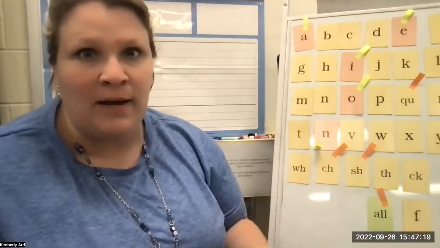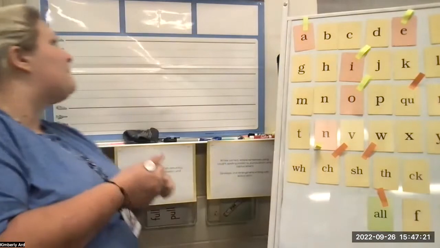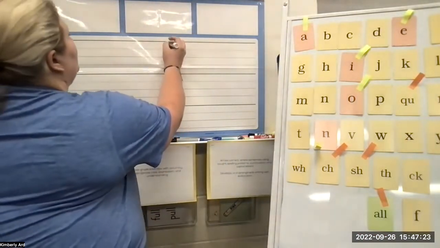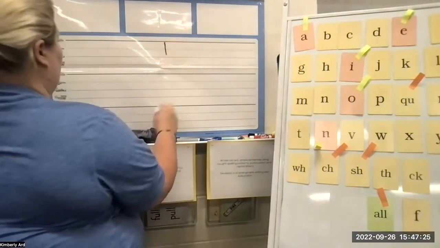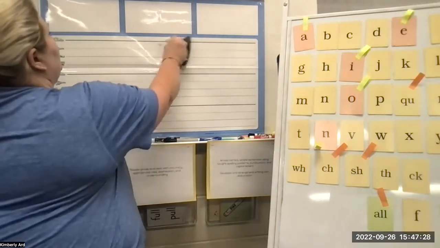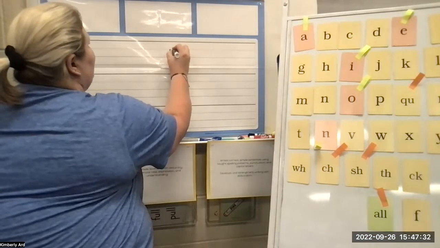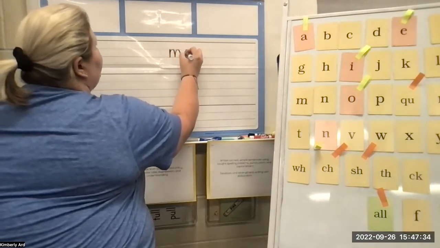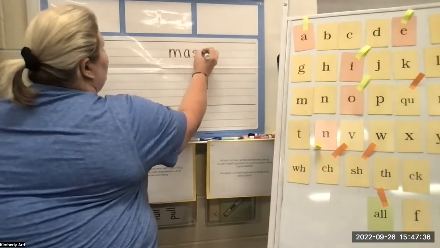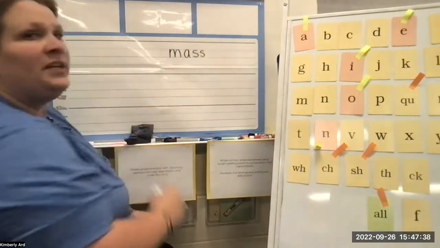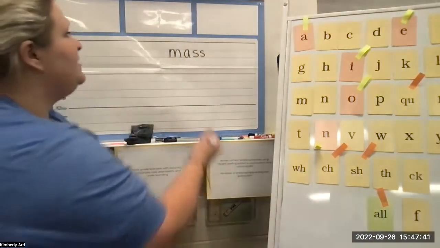So for example, let's go back to the word mass. They'll write the word mass. The first thing they're going to do is underline the syllable.